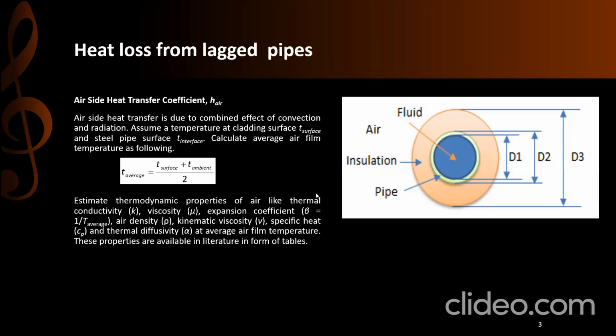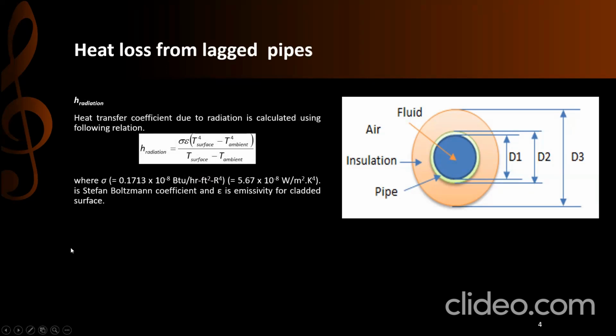So, I just fixed that. So, the radiation. The heat transfer coefficient due to radiation is calculated using the following relation, where sigma is the Stefan-Boltzmann constant, 0.1713 times 10 exponent negative 8 BTU per hour square foot Rankine exponent 4, which is 5.67 times 10 exponent negative 8 watts per meter squared Kelvin exponent 4.